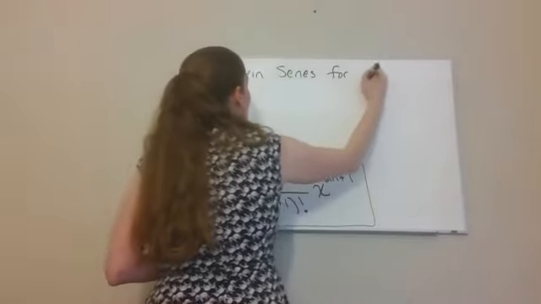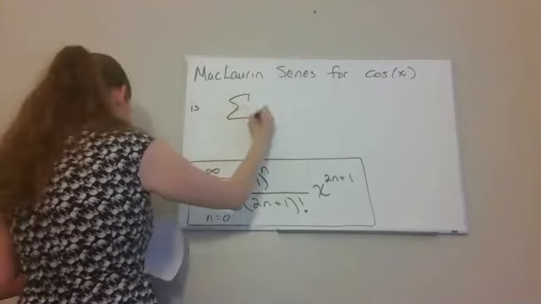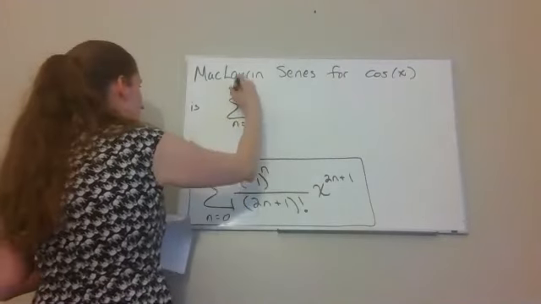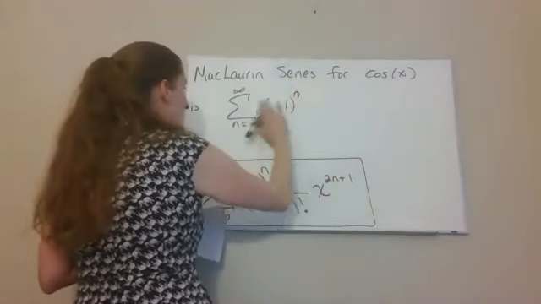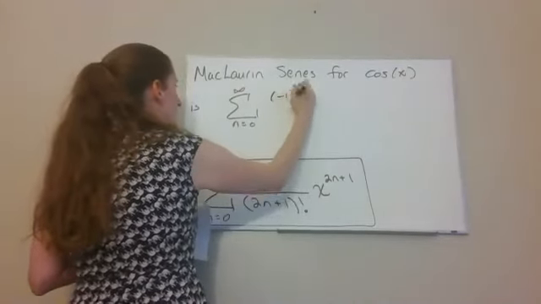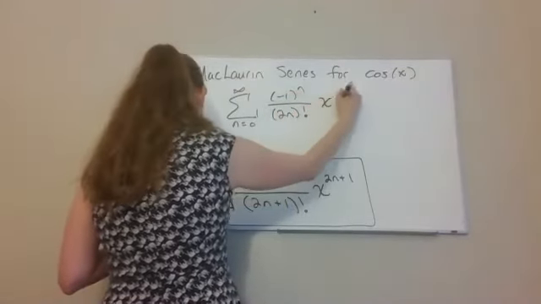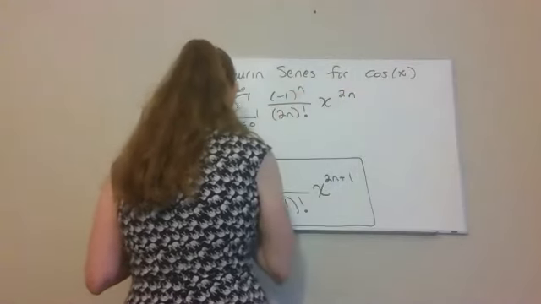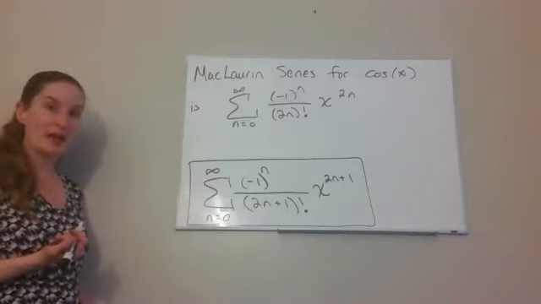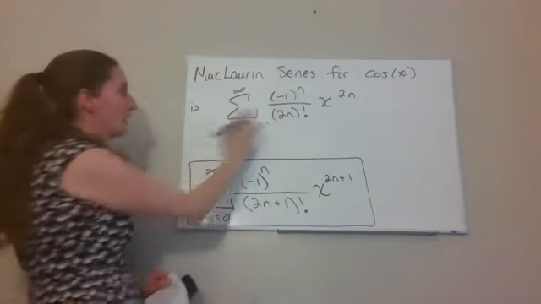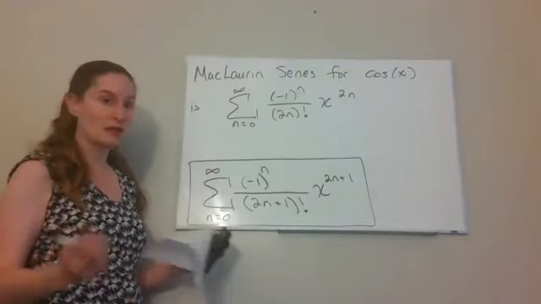The MacLaurin series for cosine looks like a sum from 0 to infinity, -1 to the n, over 2n factorial, x to the 2n power. So on your own, you can try to find that MacLaurin series for cosine and see if you get this as a result. That'll be a good test to see if you're understanding how to do these.